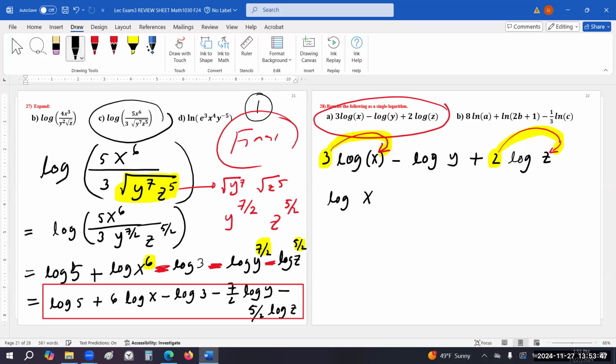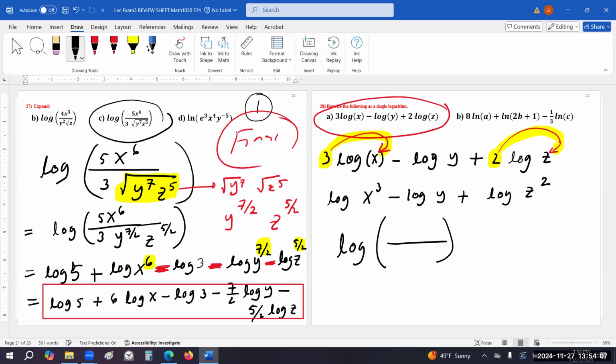So log x cubed, the next one doesn't have any power, we'll leave it alone. The last one has z squared. So going backward, what we did on the left page. Now we have no more coefficients, so we convert them into a single log.